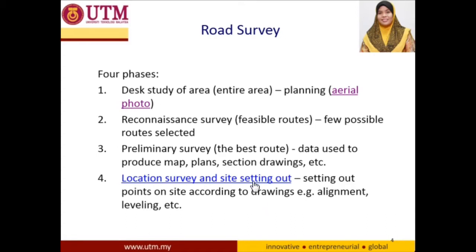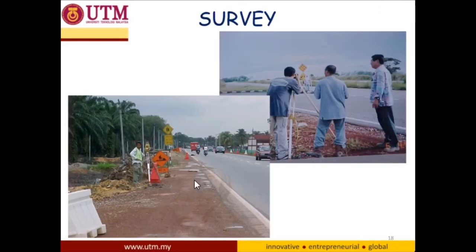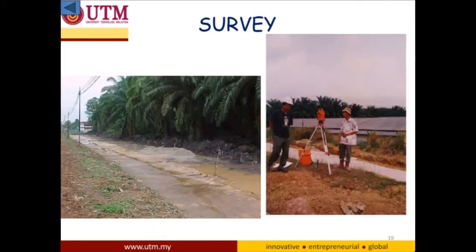And finally, after the exact location has been selected, the location survey and site setting out are conducted for the final horizontal and vertical alignment. Let's see what we have for the location and site setting out. Okay, these are some photos of the site survey conducted on the selected route. Okay, another photos, and I believe that you are familiar with the tools used for the survey works as you have learned it before.